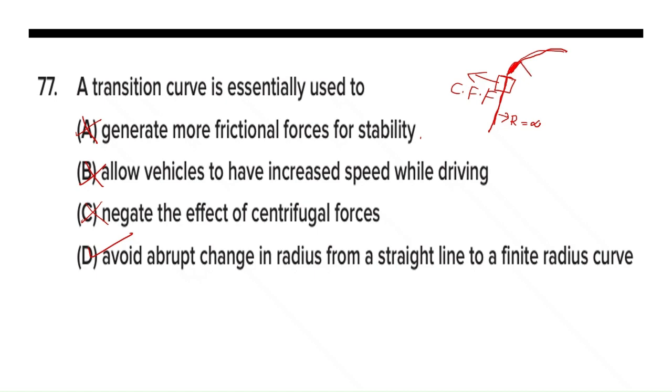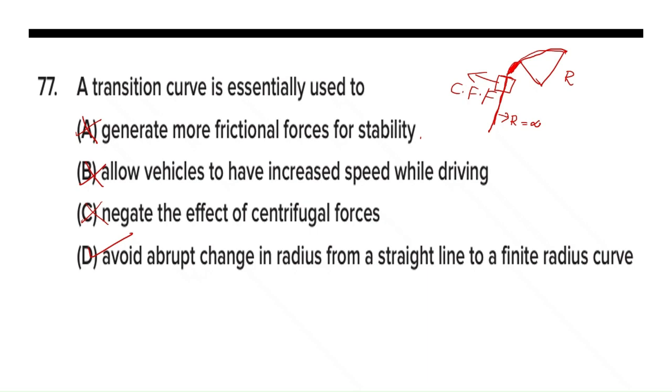This circular curve is having constant radius. And this transition curve also ensures comfort, stability, and it also reduces the lateral jerk. So option D is our answer.